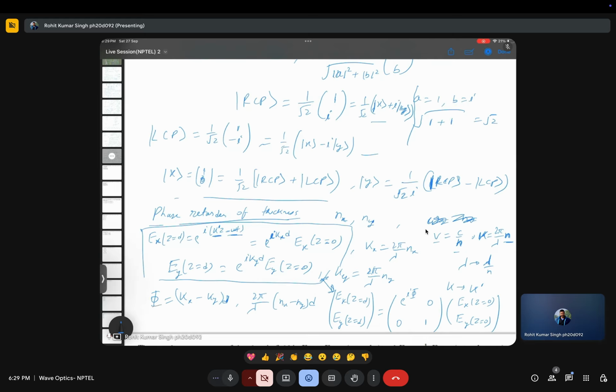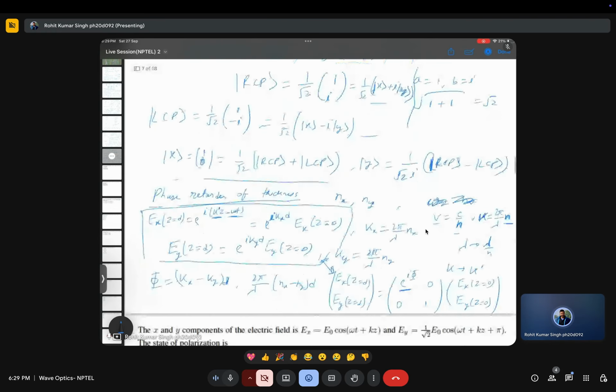You can ask why you have written it like this, because it should be e to the power i phi by 2 here, and e to the power i phi by 2 there. Both are suffering from the same phase changes, but since we are interested in the relative phase difference, we have combined the phases.